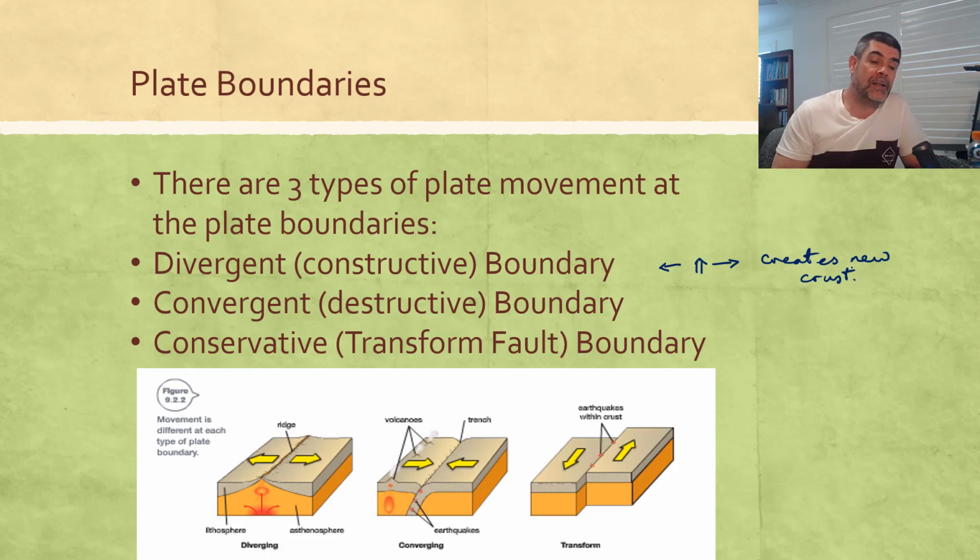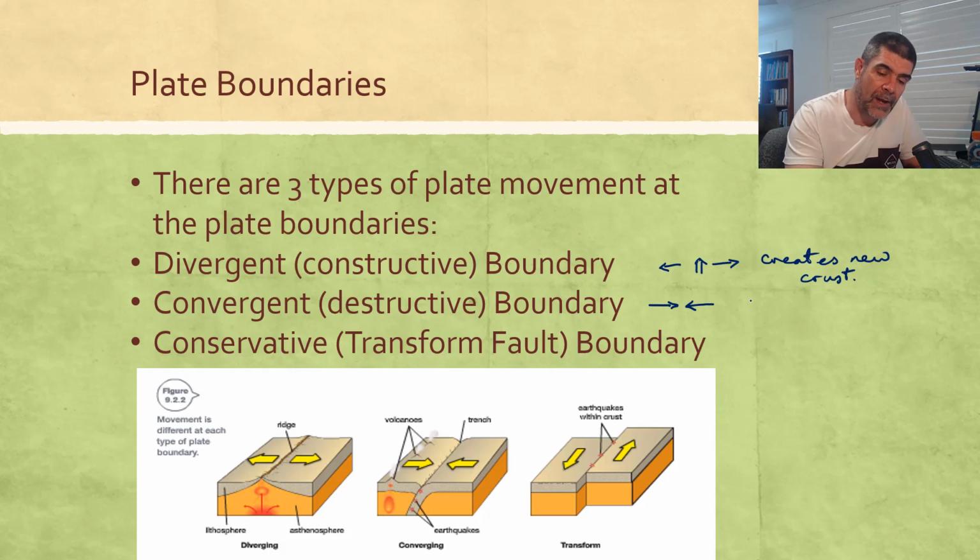It probably follows and makes sense if we talk about convergent boundaries that these would be destructive. So if they are converging, then they are coming together. When this happens, we get two main types of responses, and again we'll go into these in a little bit of detail later on.